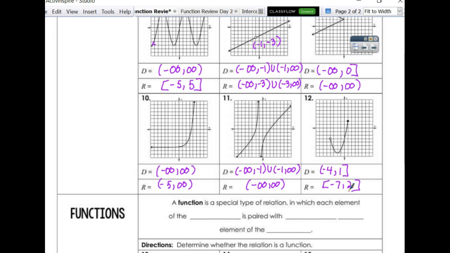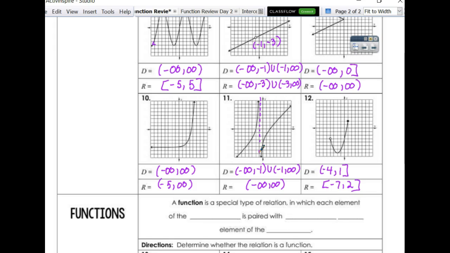So, for which one? Okay, so the domain, if you start on the left, what's on the left? -infinity, and where's the asymptote? Okay, so we start on the left, and we run into the asymptote, and the asymptote's at -1. So we're not going to touch -1. We're going to get really, really close, but not touch it. And then we're going to go -1 to infinity on the other side to finish it off.